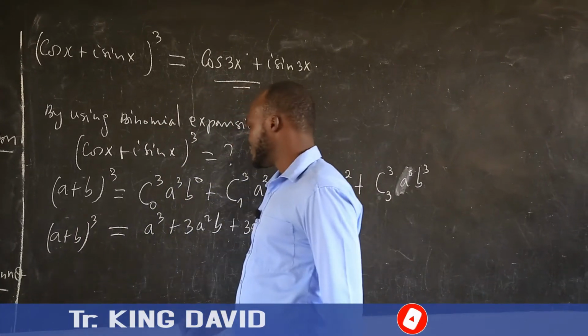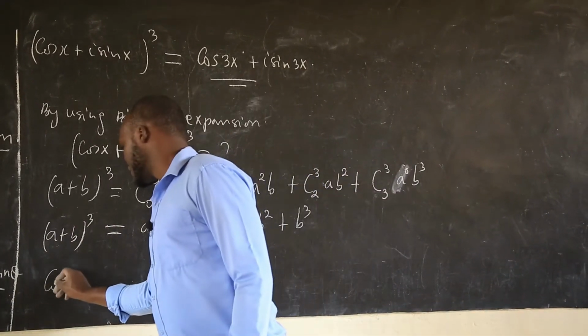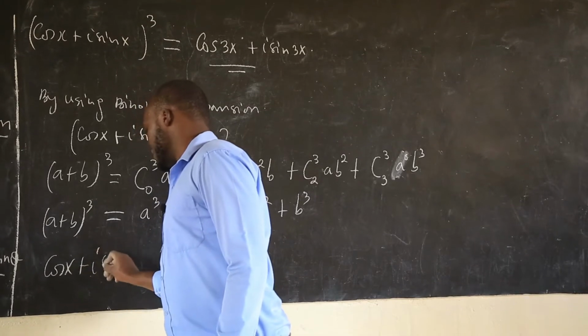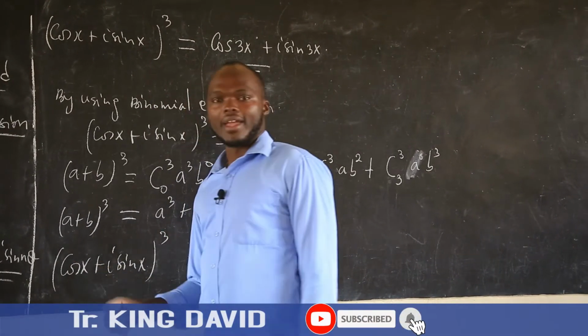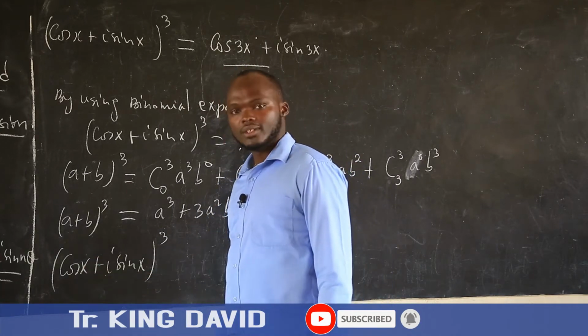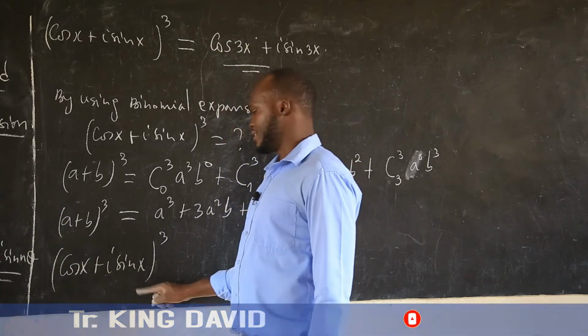So for our cos x plus I sin x power 3, what is our a? Our a is cos x. What is our b? I sin x.